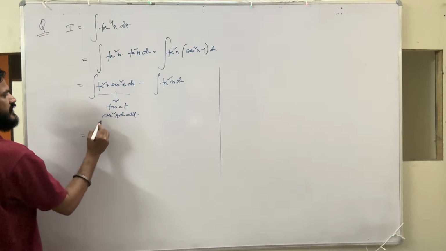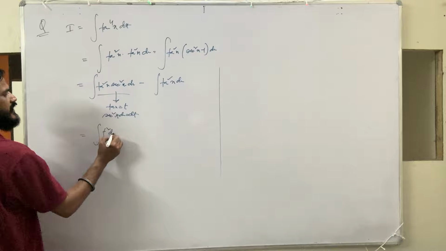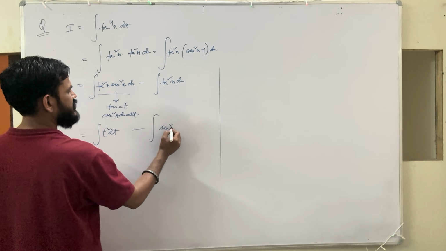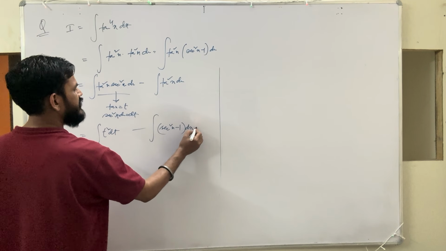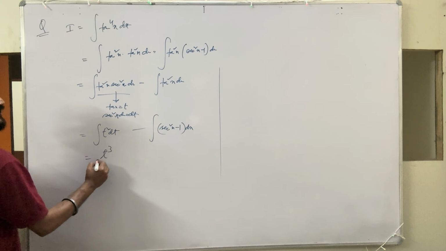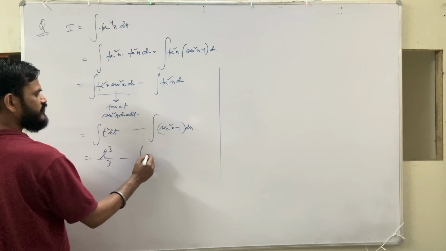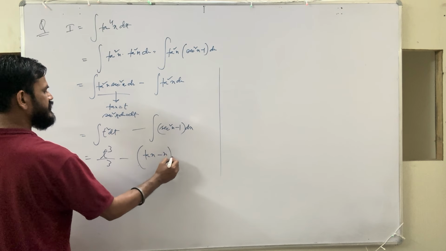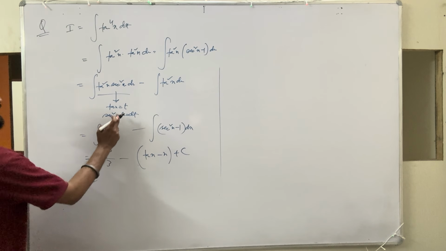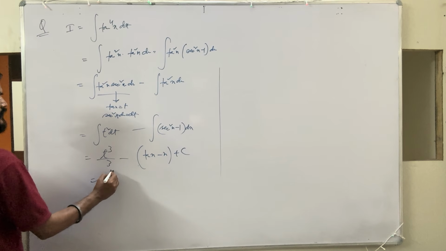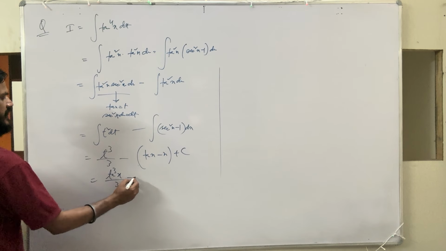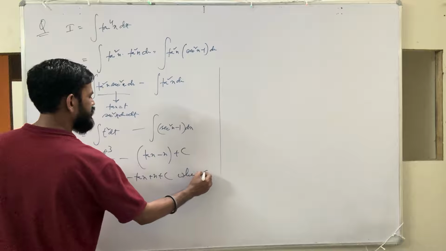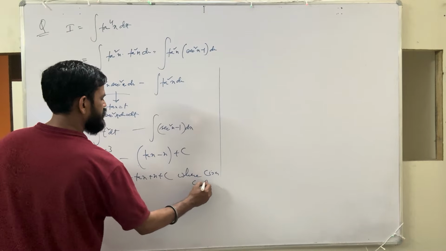So this integral becomes t square dt. Here we write tan square as secant square x minus 1 dx. So this becomes t cube by 3 minus, integration of secant square is tan x, and minus x, plus c. So t is tan x: tan cube x by 3 minus tan x plus x plus c, where c is a constant.